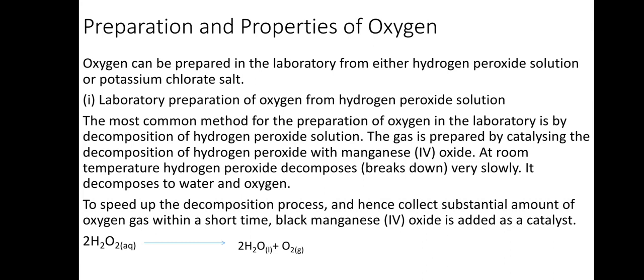We already know that a catalyst is a substance that speeds up the rate of a chemical reaction but remains unchanged at the end of the reaction. So in a reaction like this, hydrogen peroxide decomposes to water and oxygen gas with the help of black manganese IV oxide as a catalyst.